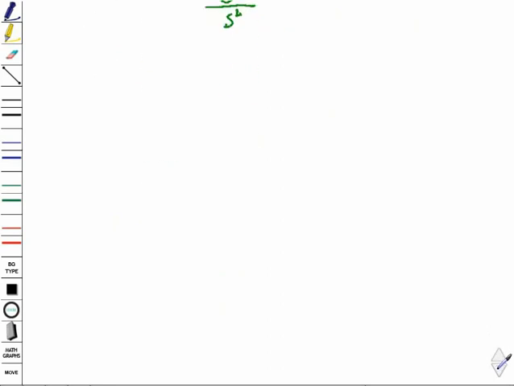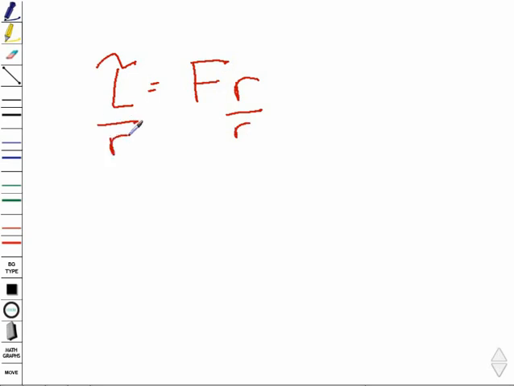Next we have to solve for the force in our problem. We are going to go back and use our torque expression, which says the torque is equal to the force times the radius. We need to rearrange this because we're looking for force. We want to get that by itself, so I'm going to divide both sides by r. My force expression is the torque divided by the radius.